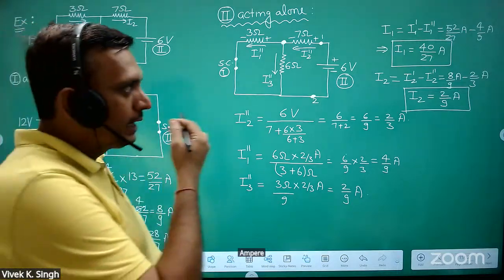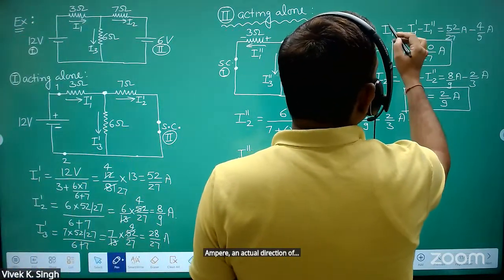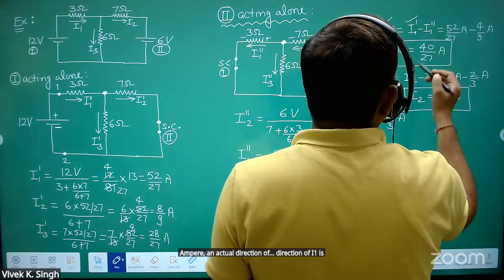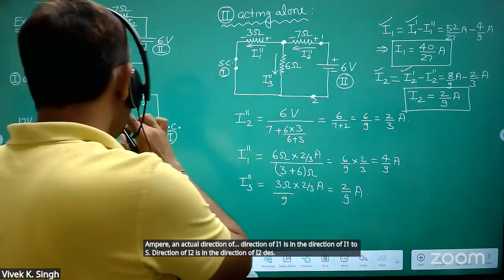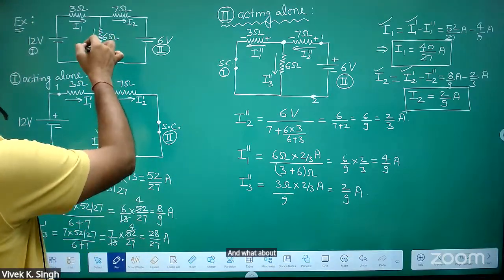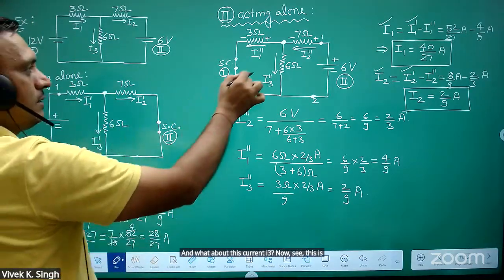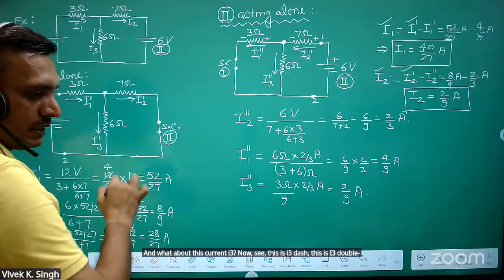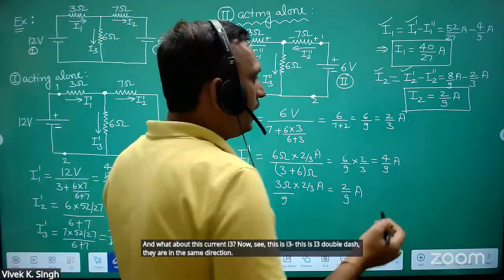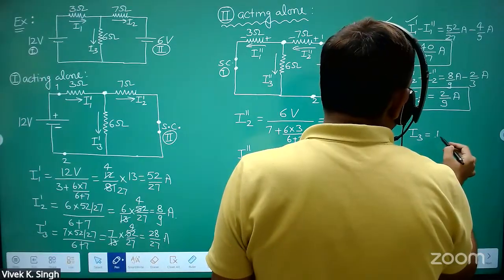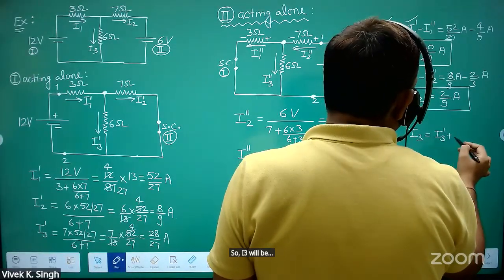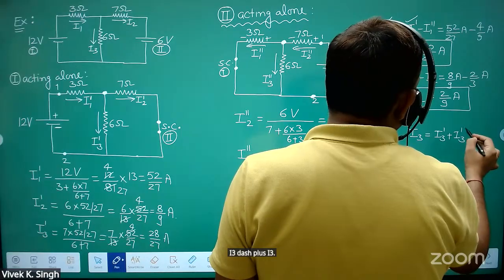And the actual direction of I1 is in the direction of I1 dash. The direction of I2 is in the direction of I2 dash. And what about this current I3? Now see, this is I3 dash, this is I3 double dash. They are in the same direction. So I3 will be I3 dash plus I3 double dash.